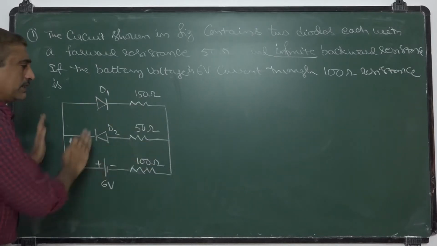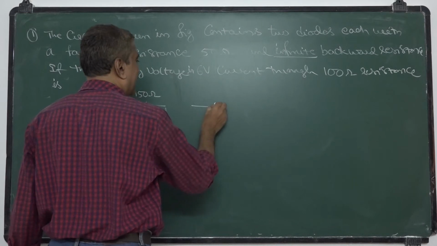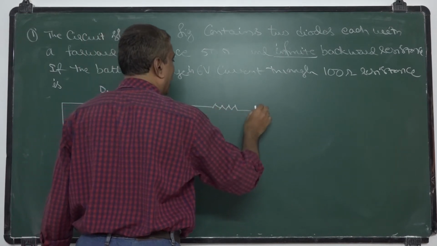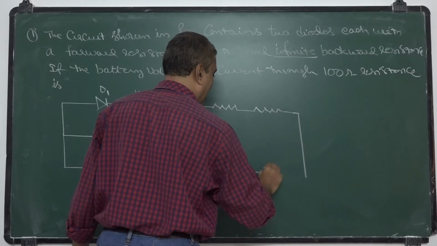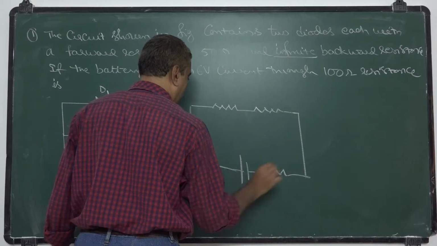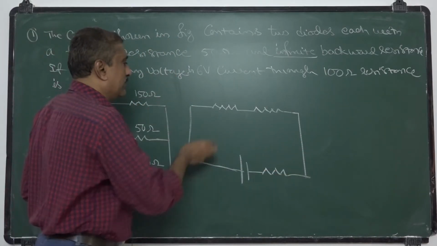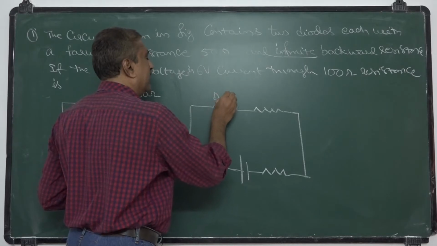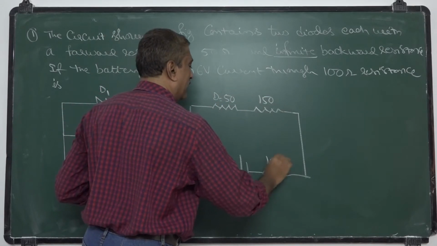So now this circuit changes to like this. Now this diode has a resistance of 50 ohm, and here a 150 ohm. So now we can replace this to this. So this diode resistance, that is D resistance, is 50 and here it is 150, here it is 100.